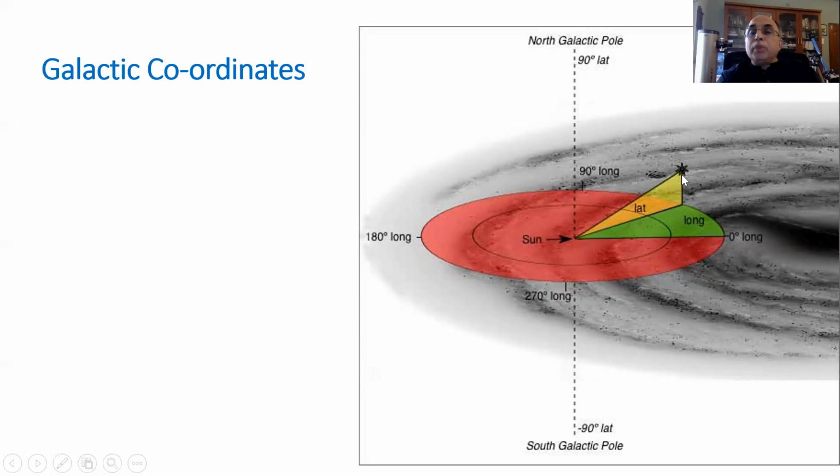So if you have any object here, any star or a cluster, we project it in the galactic plane and measure the angle from the galactic center, which gives you the longitude, and then the angle above the galactic plane gives you the galactic latitude. The point right above will give you 90 degrees north latitude, and the point directly below will be minus 90 degrees latitude, which is the southern galactic pole.